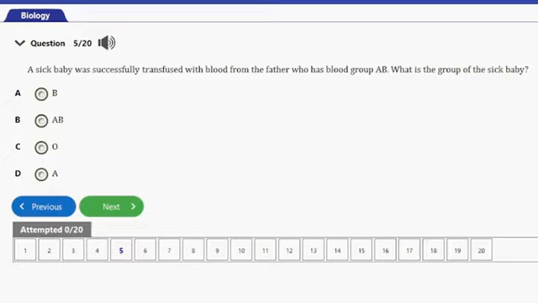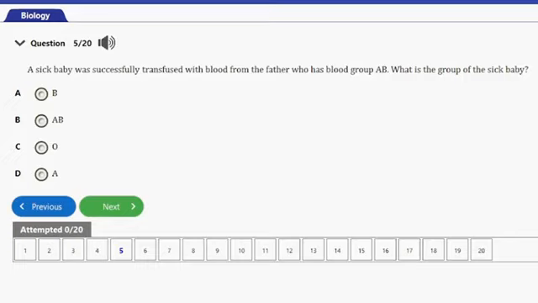We have A is B, B is AB, C is O, and D is A. So guys, the answer to this question is obviously B, because for the father having blood group AB to donate blood to the baby, it means the baby obviously has blood group AB, because AB cannot donate blood to other groups except AB.